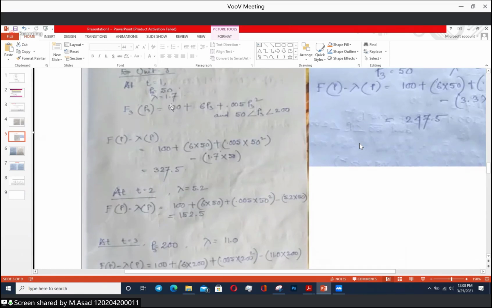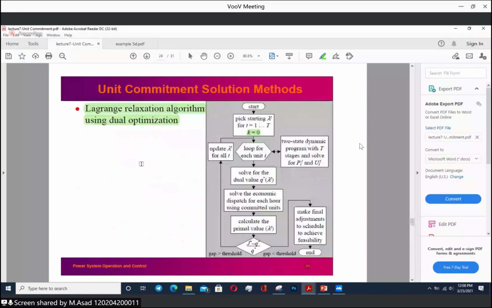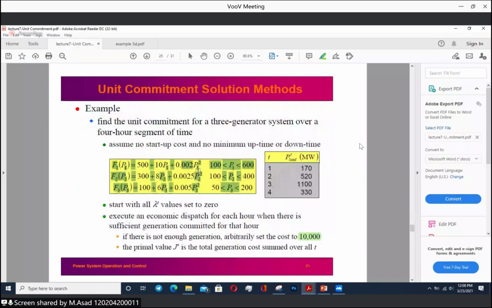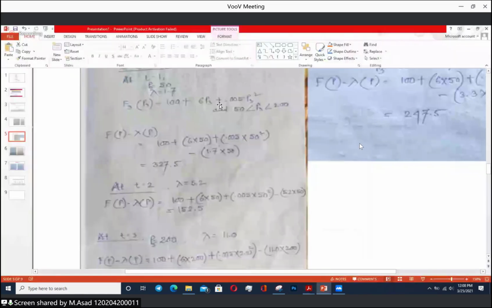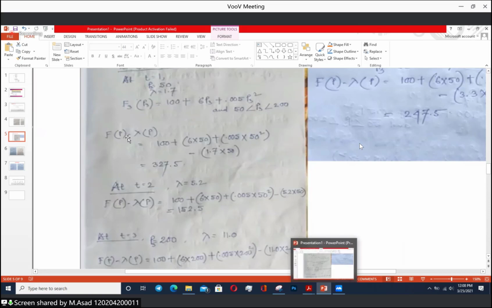So fp3 is equal to 100 plus 6 p3 plus 0.005 p3 squared, taking the values from the equations here. As p3 is between 50 and 200, it is already given in the problem.